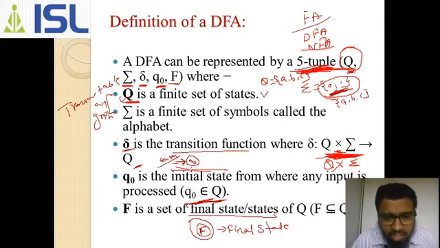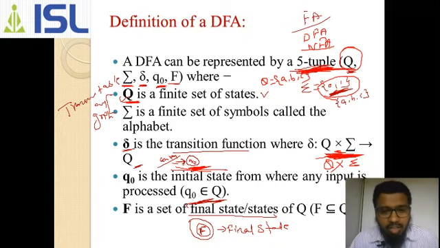So how will the initial state be identified? With this Q0 state, an empty input is given to any one of the states. That is the initial state, remember that. And F, what is F? F is a finite set of states, a subset of Q. So how can you identify the final state?